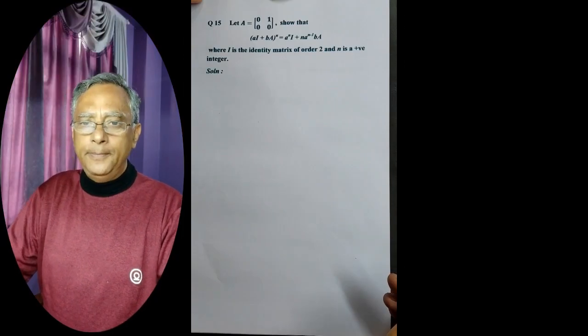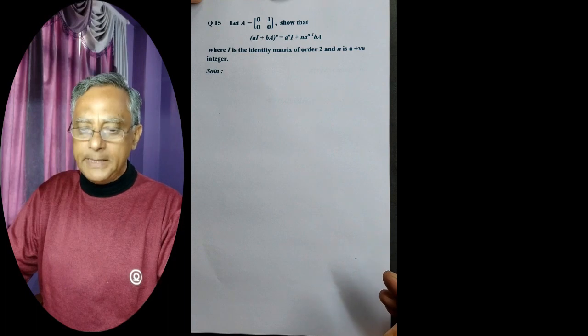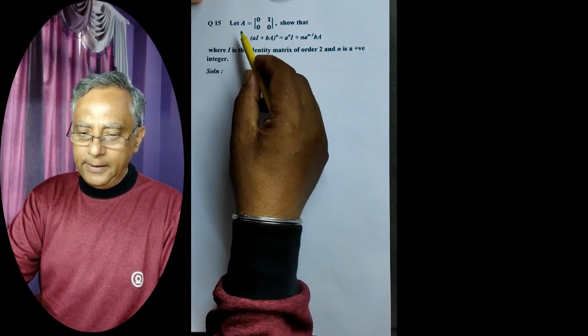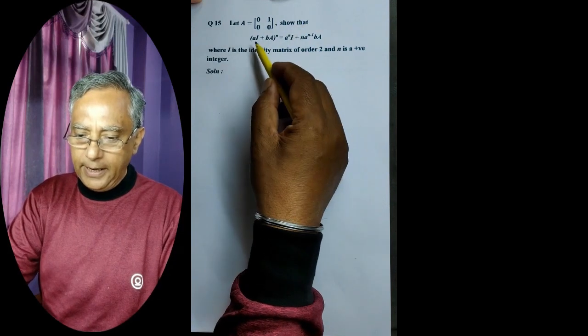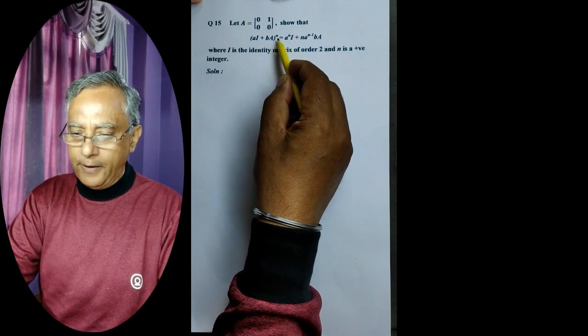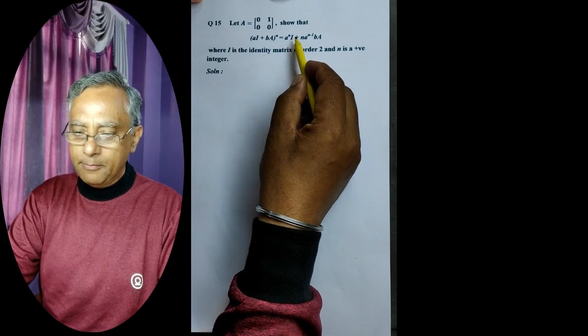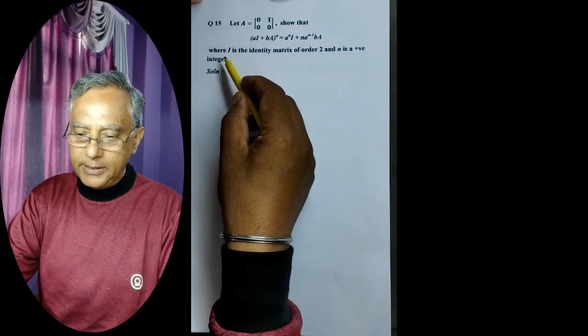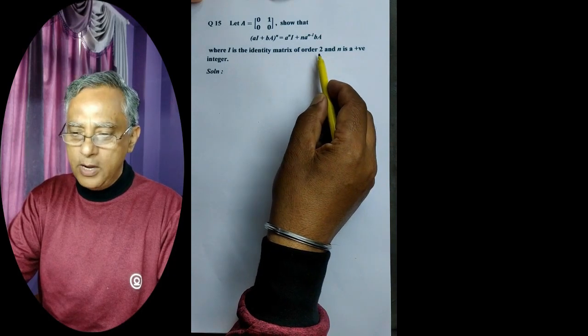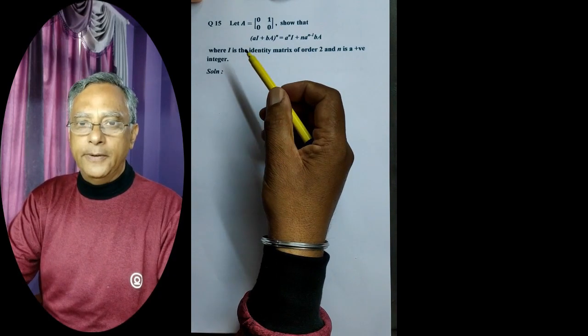The next question I am going to take up is, let A be equal to this matrix, show that (aI plus bA) to the power of n is a to the power of n I plus n a to the power of n minus 1 bA, where I is the identity matrix of order 2 and n is a positive integer.